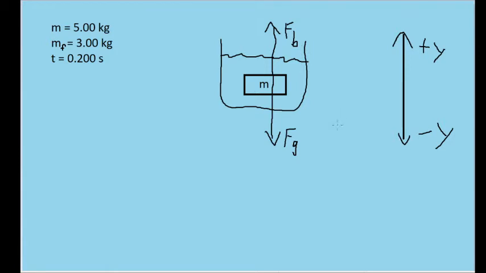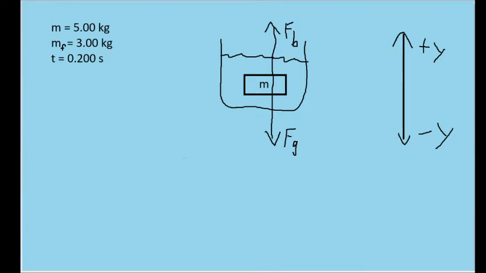Now we know that this object is supposed to be accelerating once we let go of it. So we'll want to set up a force equation representing this motion. It's also important to have defined a coordinate system for this situation. I've taken the upwards direction to be positive and the downwards direction to be negative.